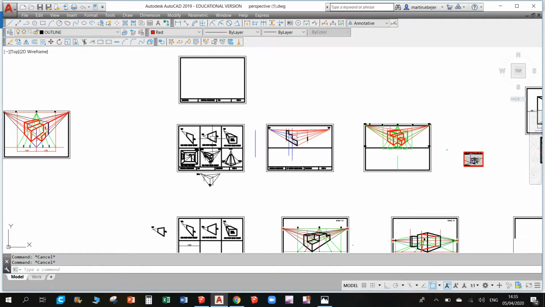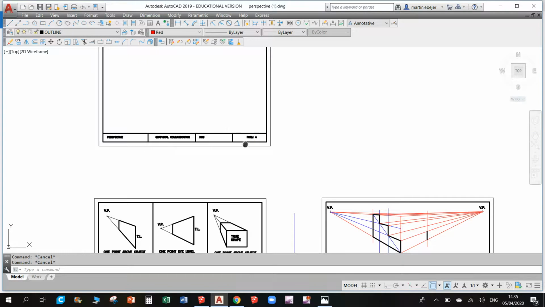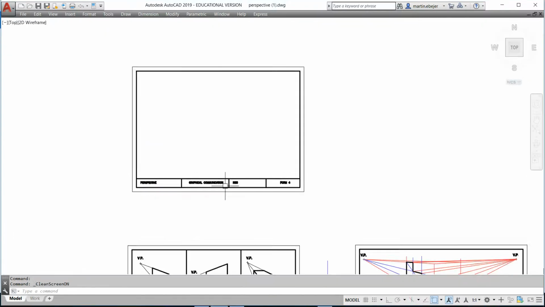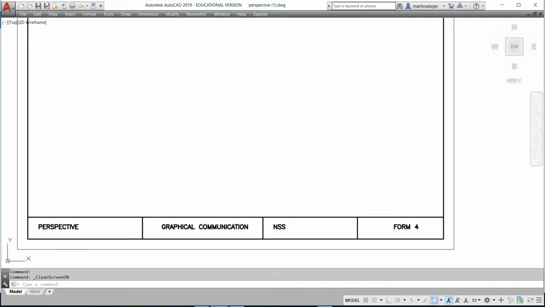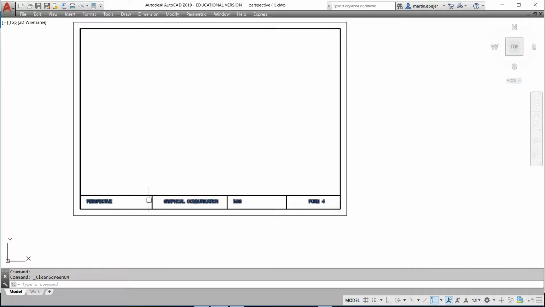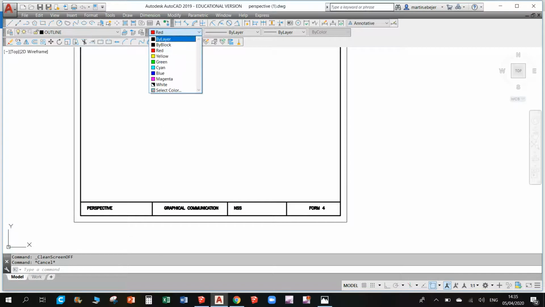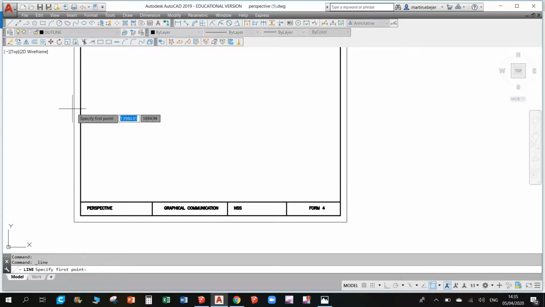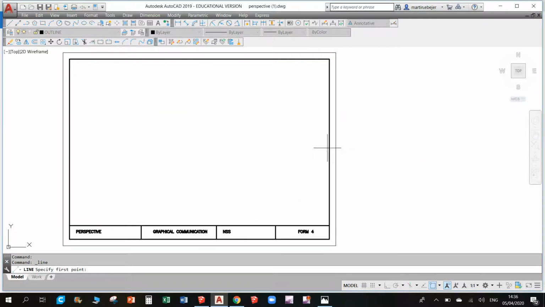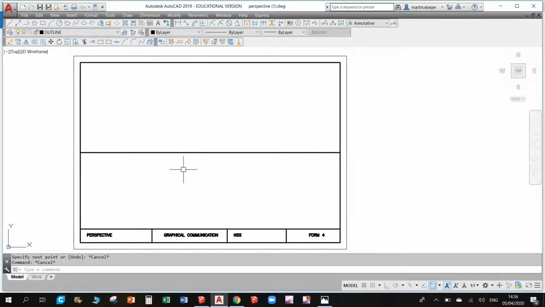Okay, to start up, first you're gonna do a border and the title block. In the title write perspective. Then next you're gonna draw a horizontal line in the middle. We're gonna do a drawing on top and a drawing under.